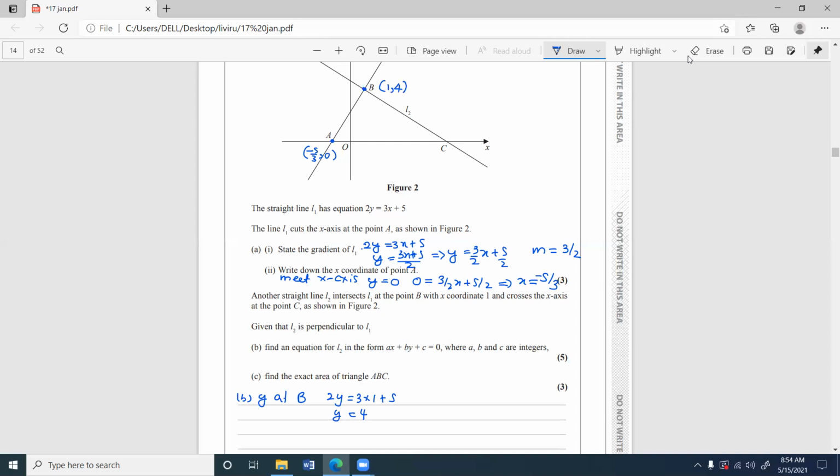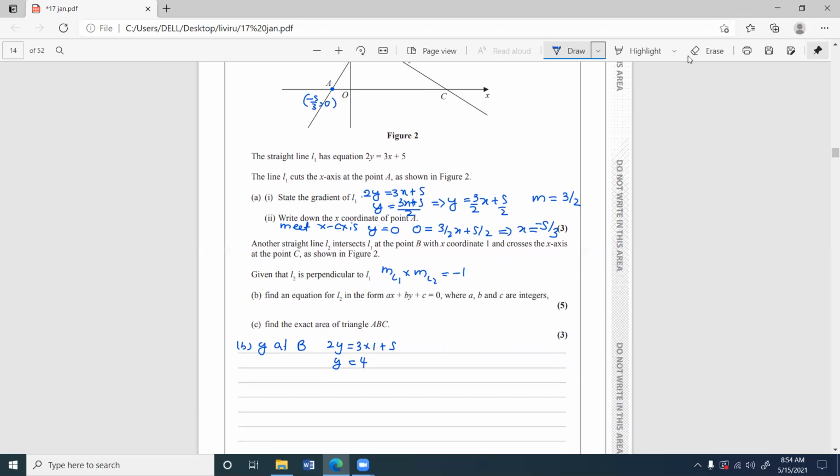Then L2 is perpendicular to L1. If two lines are perpendicular, the product of their gradients becomes minus 1. Find the equation of L2. So initially we can find the gradient of L2.